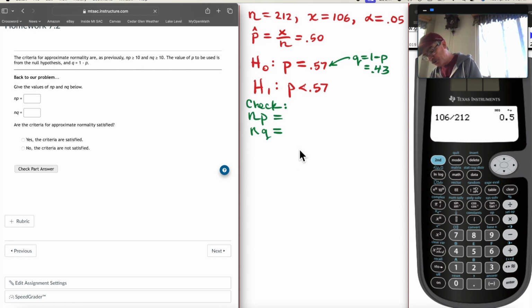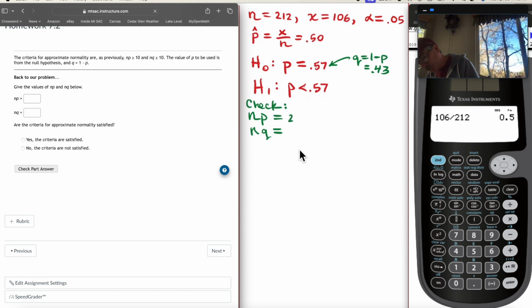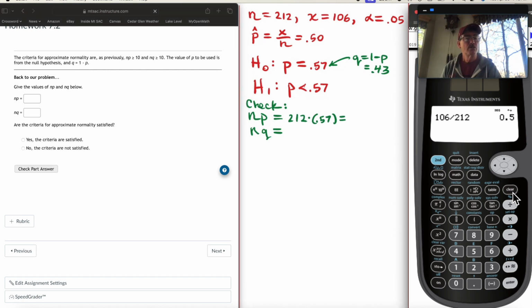So again, N was 212. So we're going to do 212, N times P, which is 0.57. Okay, so we'll do that over here. Okay, so that comes out to be 120.84.